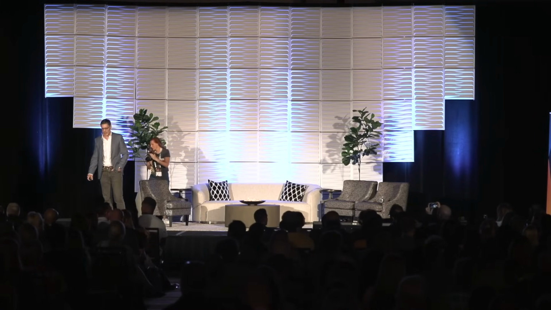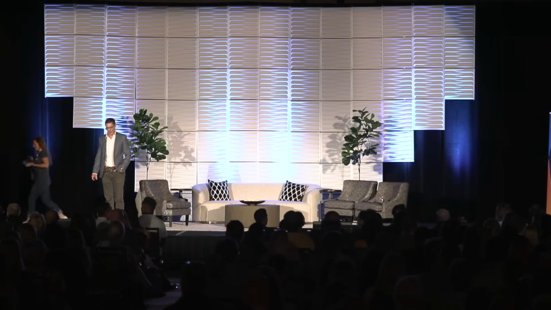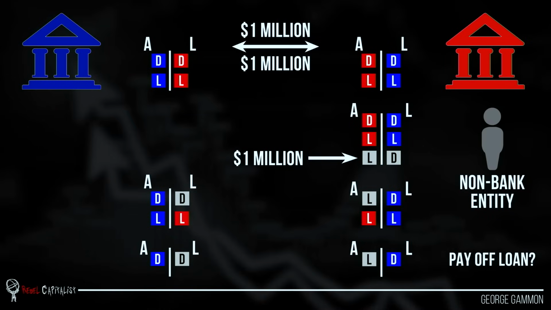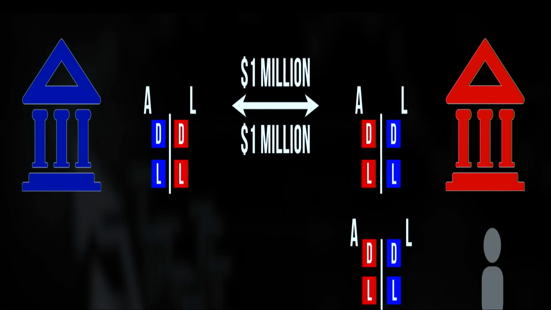We've got the blue bank, and then we've got the red bank. We're going to assume that these banks need to create dollars, but they don't have any to begin with. For a lot of you, it's kind of a head scratcher. Some of you who might be a little more sophisticated will say, okay, well, George, they've got bank reserves at the Fed, so that's a cash equivalent.